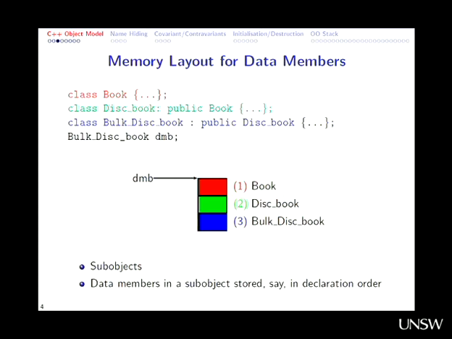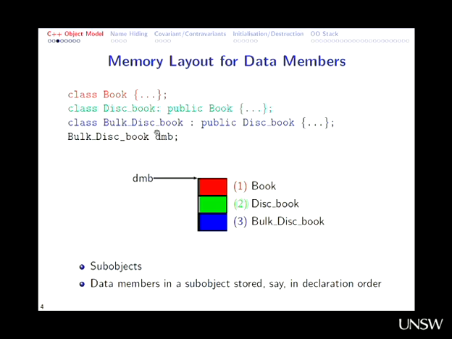So let's look at three classes. I have a class book, I have a class discounted book, and I've got a class bulk discounted book. In terms of memory, the book will be the first piece of that discounted book object. So let me back up. We have these three classes. We then define a thing called DMB.